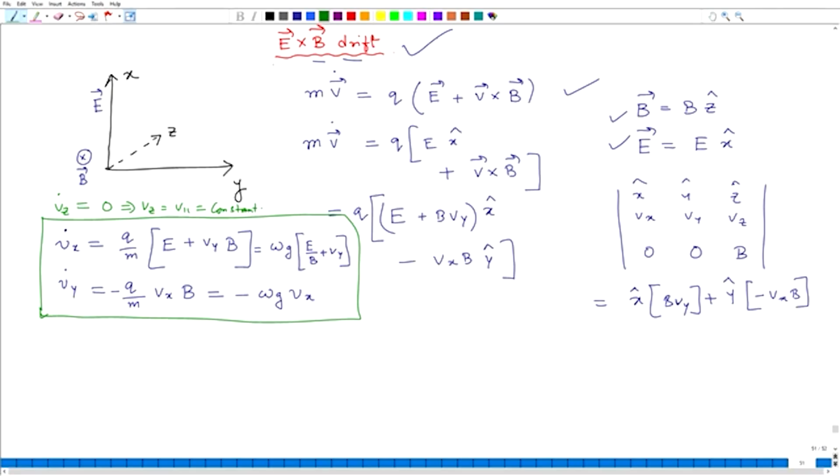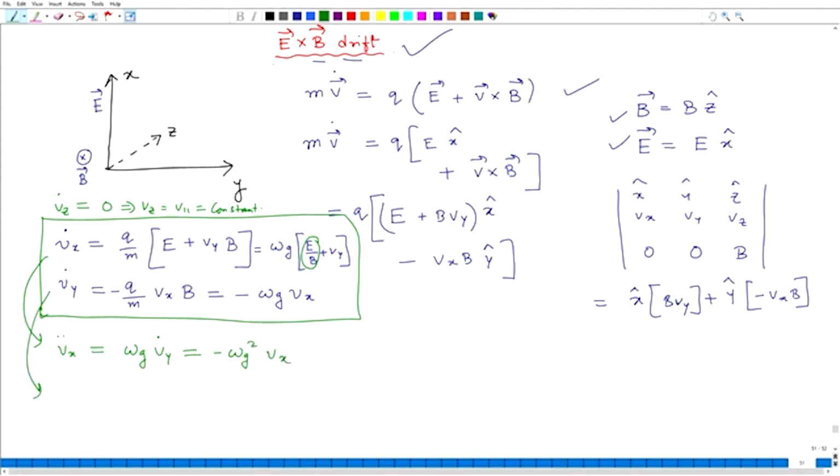Now, I can do something. I can take V x double dot, which will be equal to omega g V y dot, because E is uniform. Since V y dot is this, I actually have minus omega g square V x.